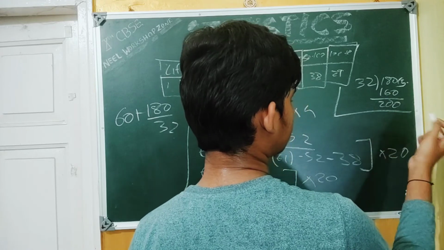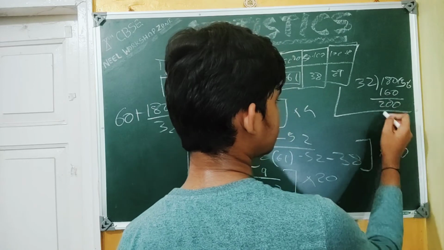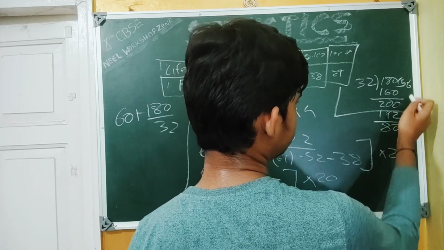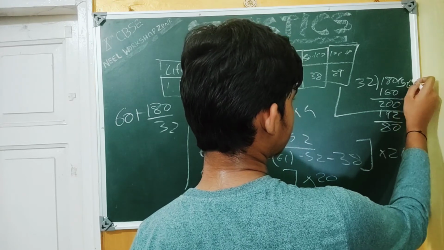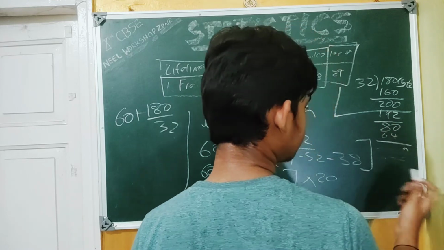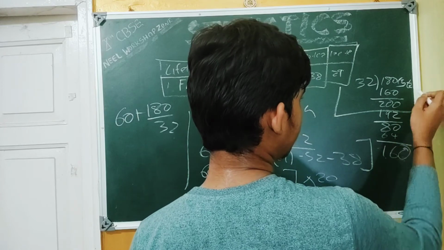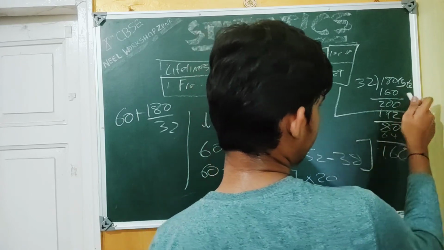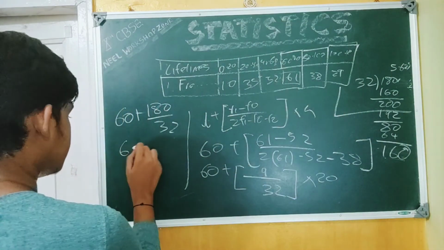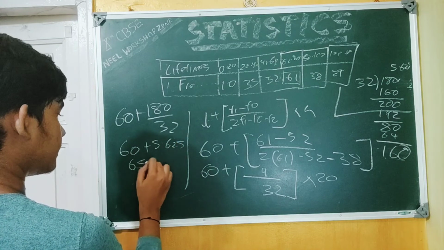Adding a zero, 200, 32 times 6 is 192, and so on. The answer will be 5.625. So by adding 60 plus 5.625, the answer will be 65.625.